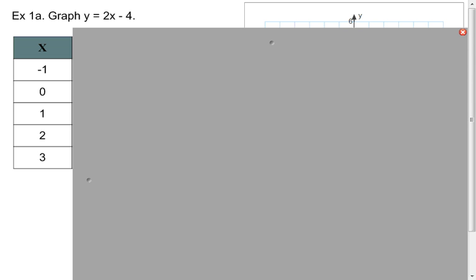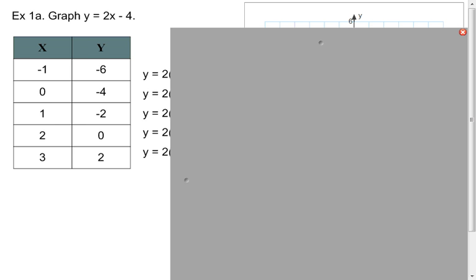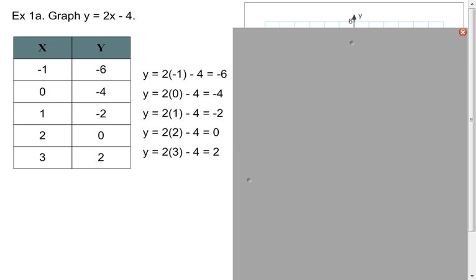What I'm going to do then is I'm going to take those x values and I'm going to plug them into my equation. So I take -1 and I plug it into my rule. So I substitute in -1 where x was.